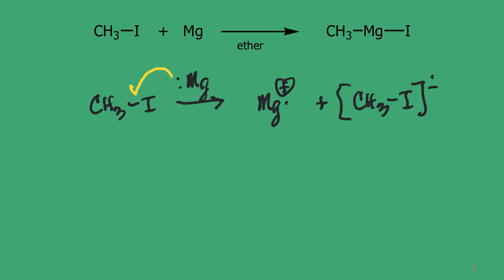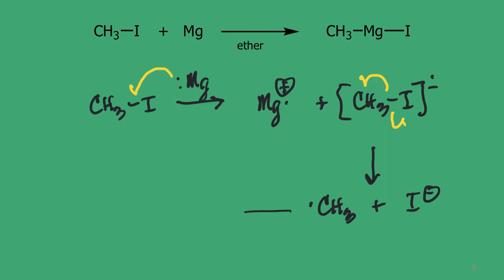Again, the electron goes in the antibonding orbital and destabilizes the species. So one electron goes with the carbon, one electron goes with the iodine along with the other odd electron. The result is we produce an iodide ion and a methyl radical.